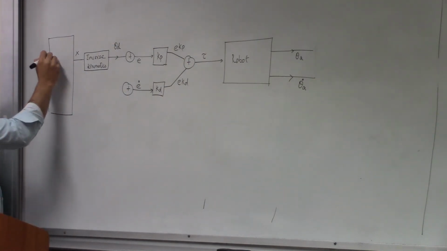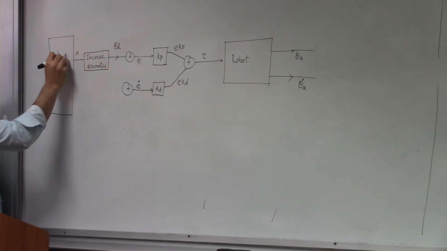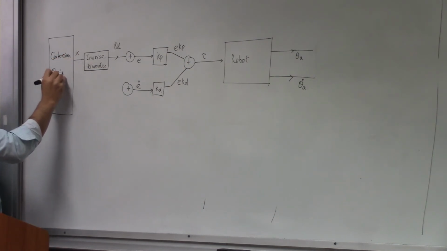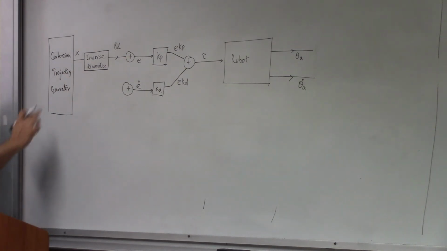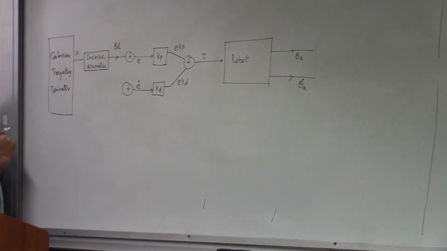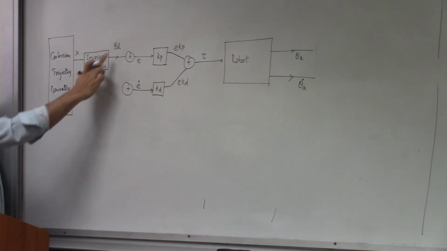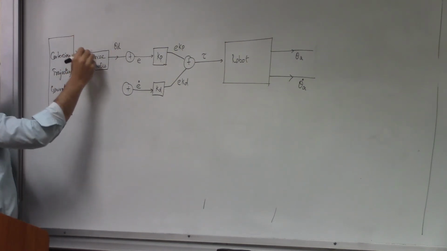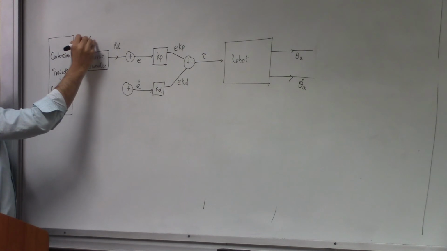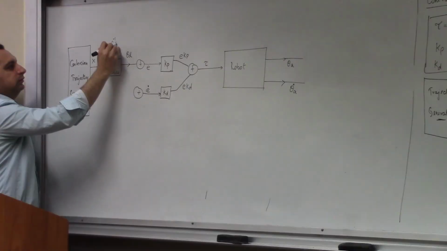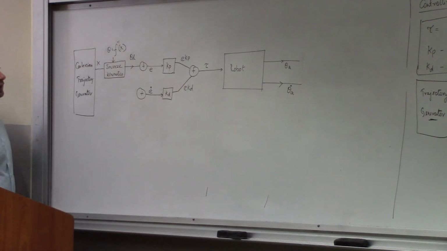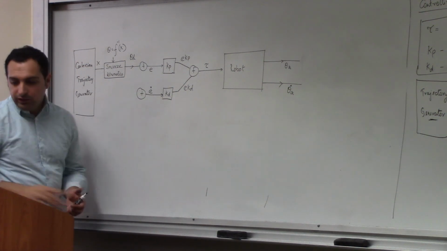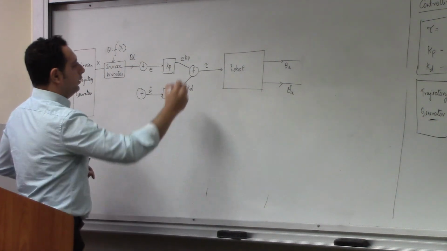So you have a Cartesian trajectory generator, which gives you a Cartesian point. With inverse kinematics, you'll convert it into theta, so this function will be theta equals inverse kinematics. All right, so the controller remains the same. Let me highlight the controller here. So here you have your controller.